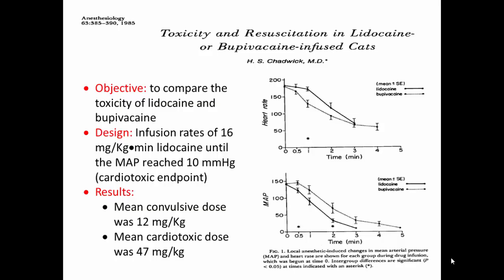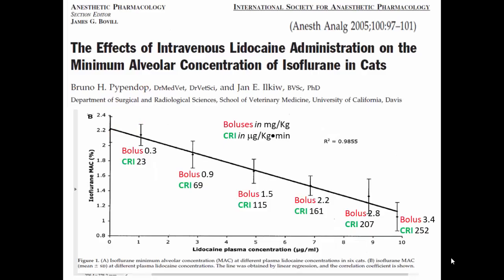Now, if we look at a more common scenario in which you use lidocaine as an IV bolus and you follow it with a CRI, which is what was done on this other study, they found that lidocaine causes a dose-dependent decrease in isoflurane requirements. And as you can see, they went from a steady concentration of lidocaine of 1 to 10 micrograms per mil, which is really what we want to achieve as part of a balanced anesthetic technique.